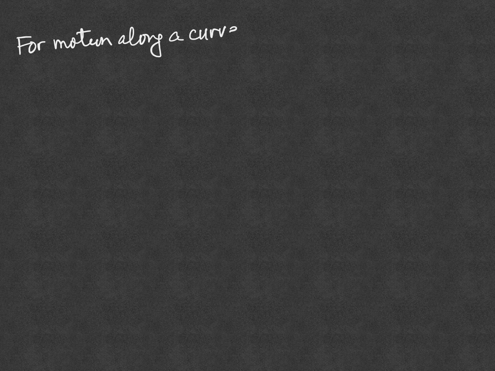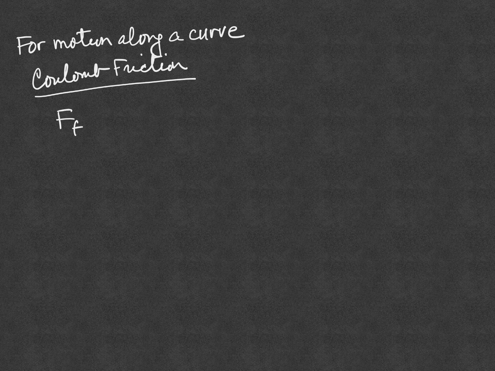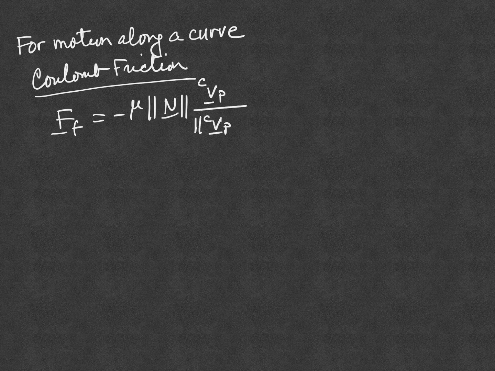So for motion along a curve, we actually wind up with almost exactly the same form of the results for Coulomb friction and viscous friction. For Coulomb friction, the force is minus mu times the magnitude of the normal times the velocity of P as viewed by an observer fixed in C divided by the magnitude of the velocity of P as viewed by an observer fixed in C, which is the curve.